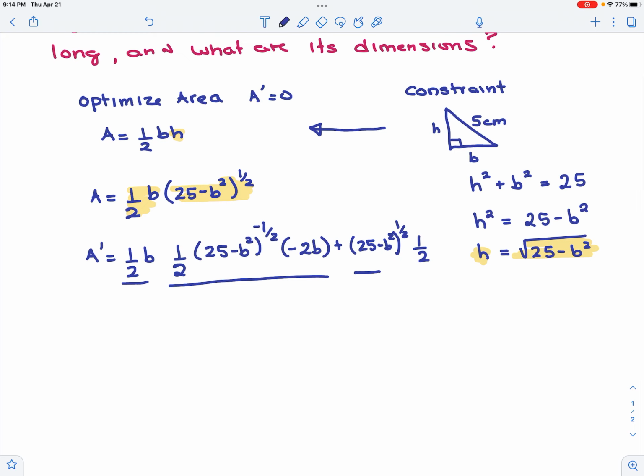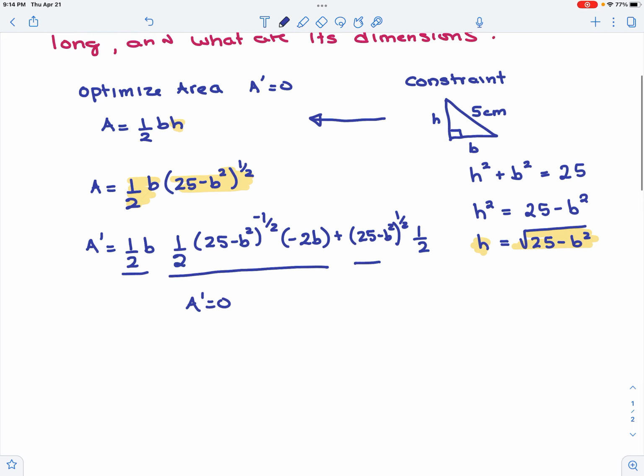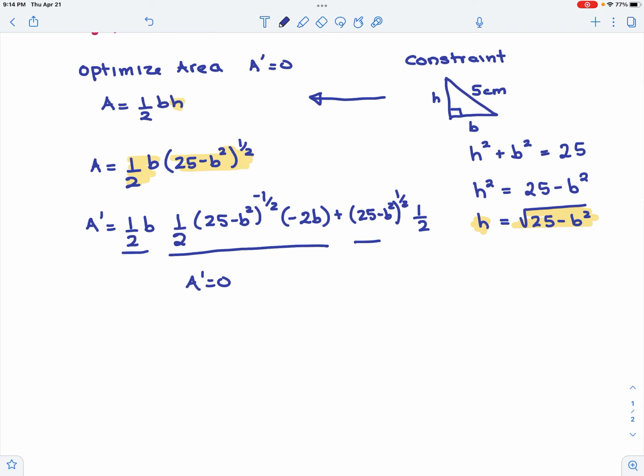Okay, and then I'm going to set the derivative equal to 0 and solve for b. Which isn't great here, but let's see what we get. So these cancel, and I get minus b squared over 2, and then I'll just put this square root on the bottom here.